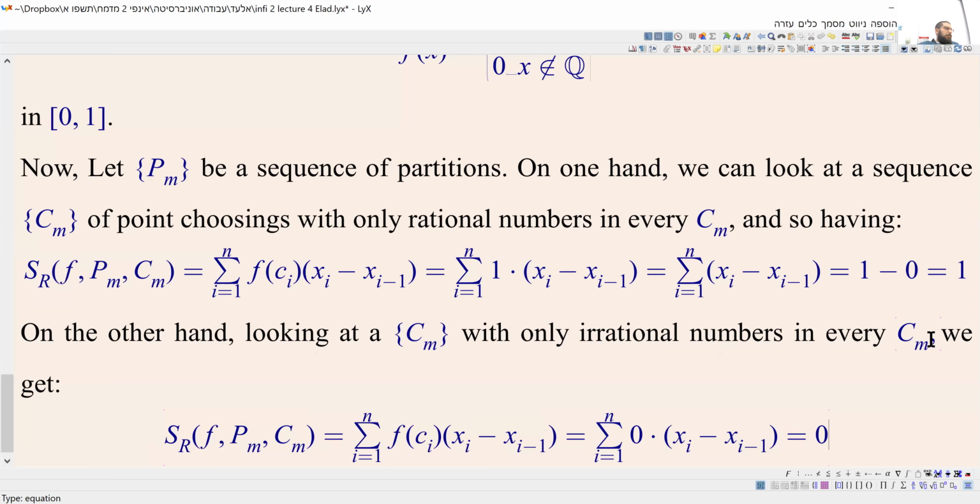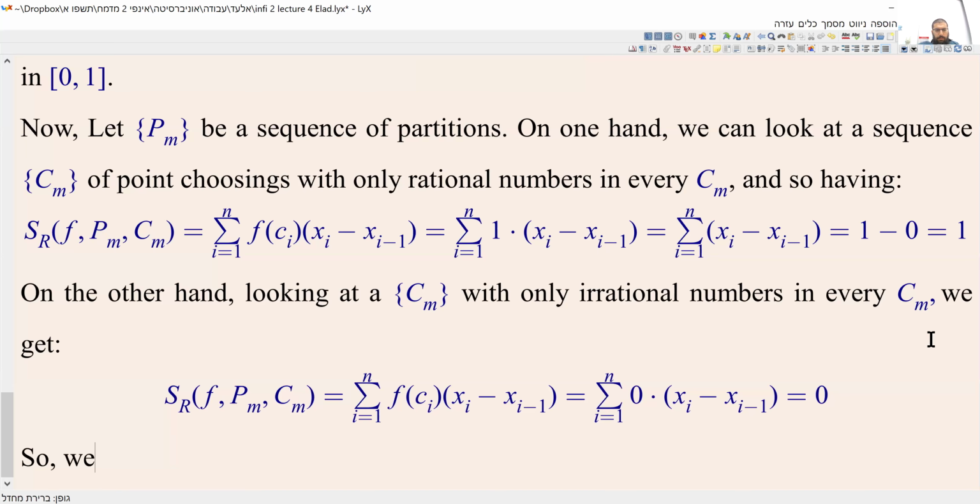So for one kind of point choosing, it is always 1. For another kind of point choosing, it is always 0. You take m to infinity, be my guest. It's always 1, 1, 1, 1, and on the other hand, it's always 0, 0, 0, 0. It is not the same limit.